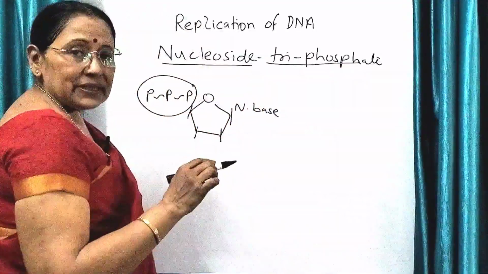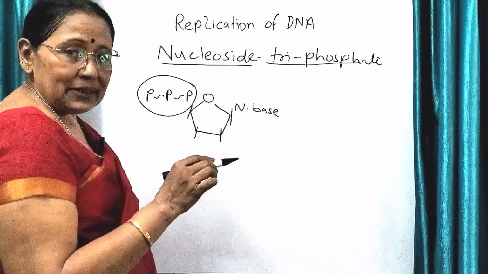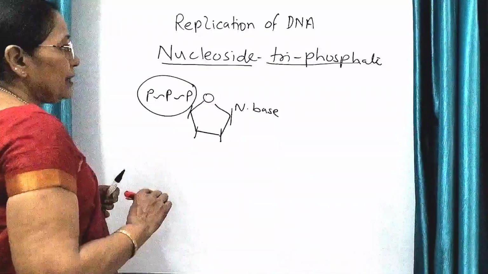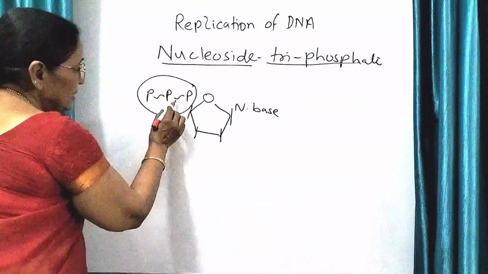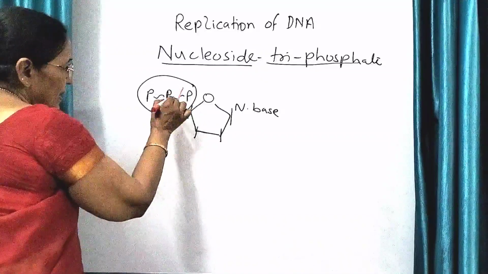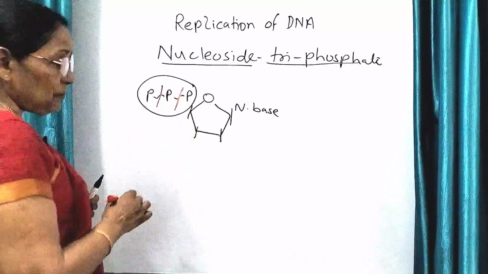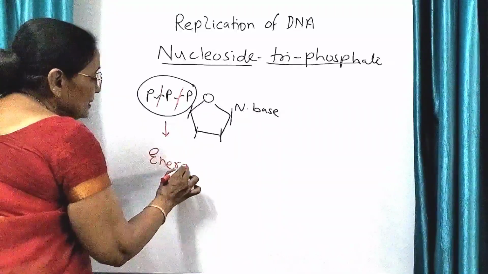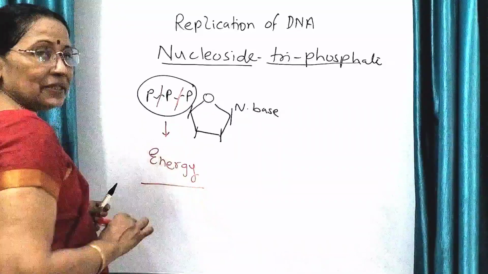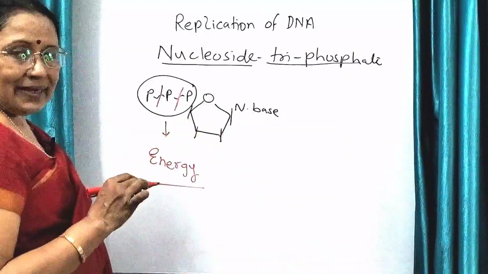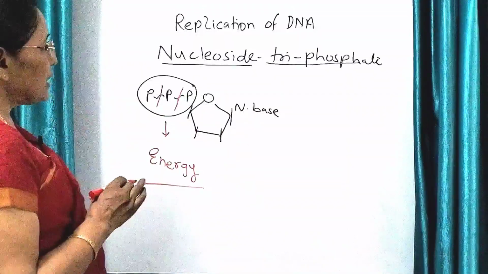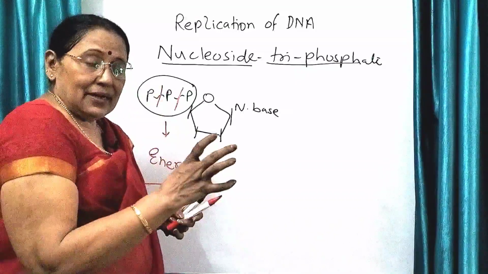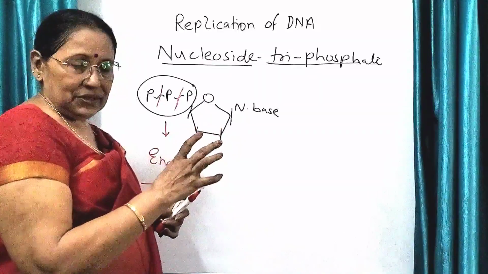This is nucleoside triphosphate. Very important question for MCQ as well as in your board exam. These two bonds are very energy rich, and when they are broken, they release lots of energy, and this energy is utilized in the formation of the new DNA strand. This was about the substrate which carries with it its own stock of energy.